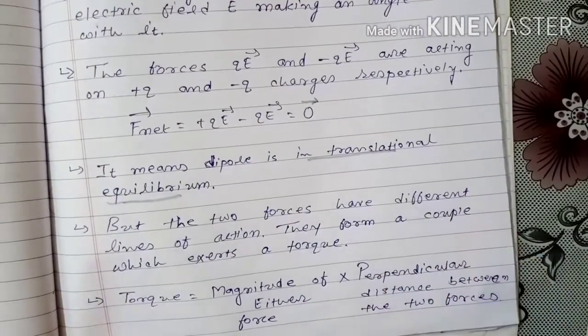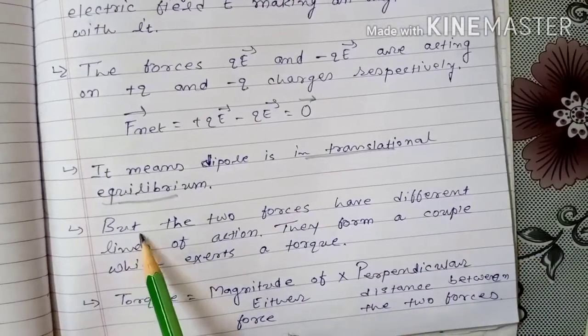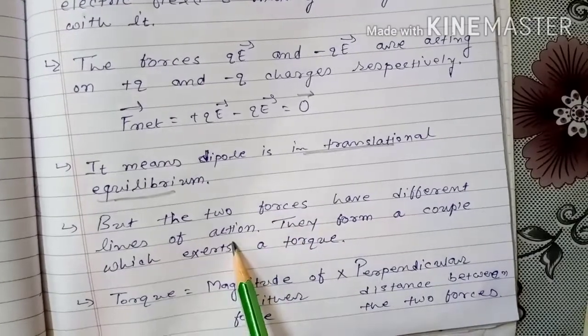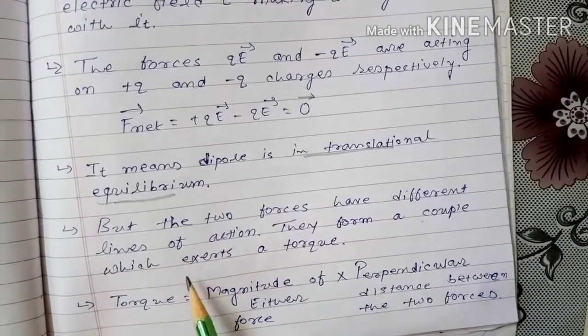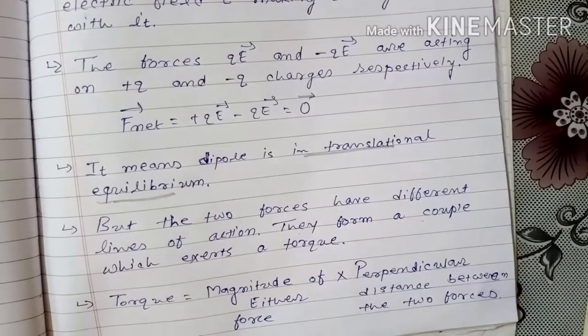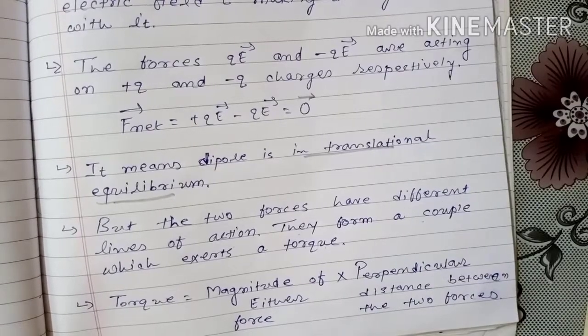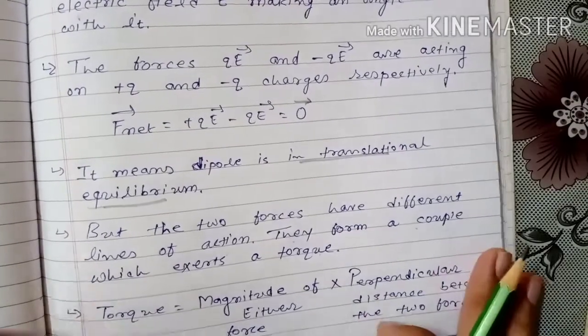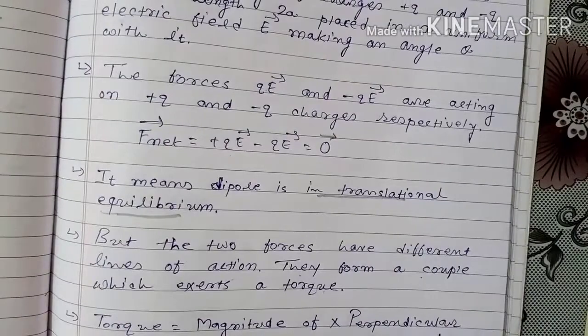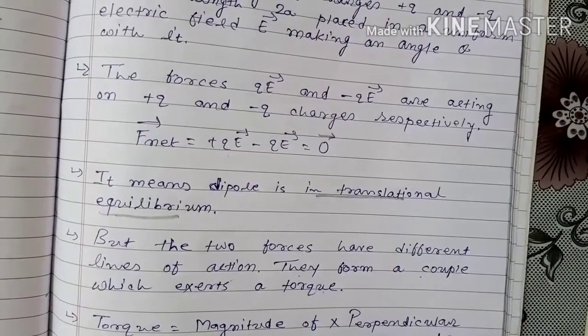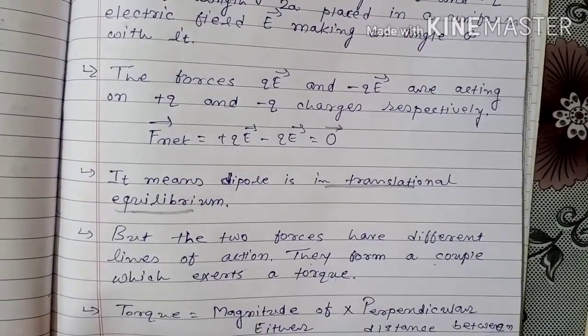So here we can say two forces have different lines of action, so they form a couple which exerts a torque. Due to formation of couple, some torque will be exerted on the dipole, and we know the formula of torque acting on a system when a couple is formed.